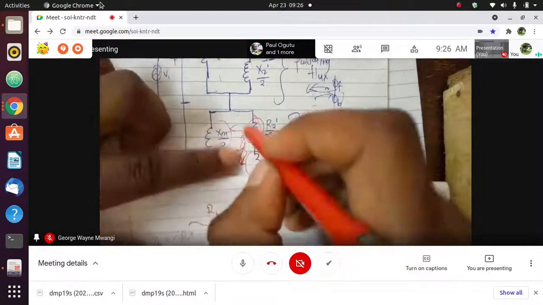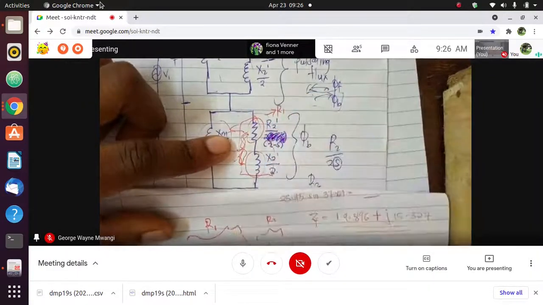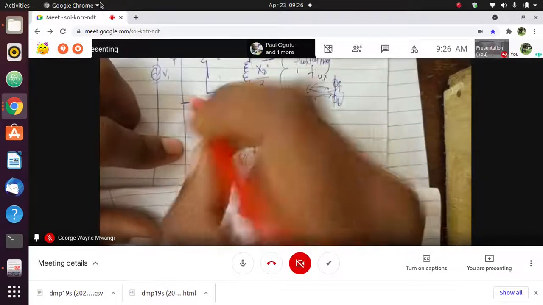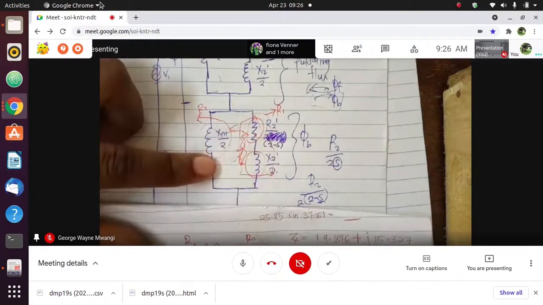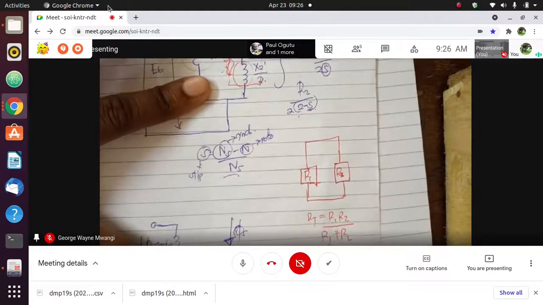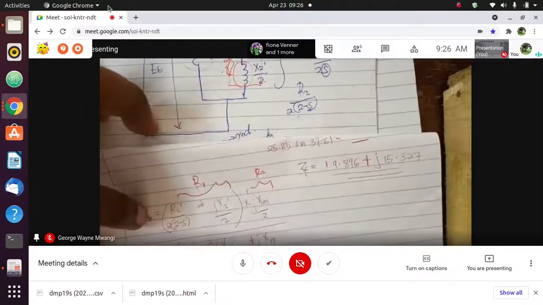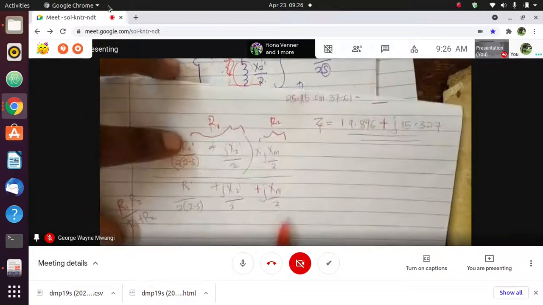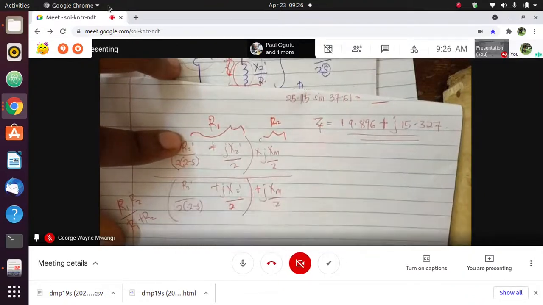Because these are in series, we can add them together, so we take them as one value, R1, and this is in parallel, so we take it as R2. The total resistance for resistors in parallel is the product R1 R2 over R1 plus R2, which is the same in this case. We take the product of those values over the sum. Do you see the comparison? Okay, so we are good there.